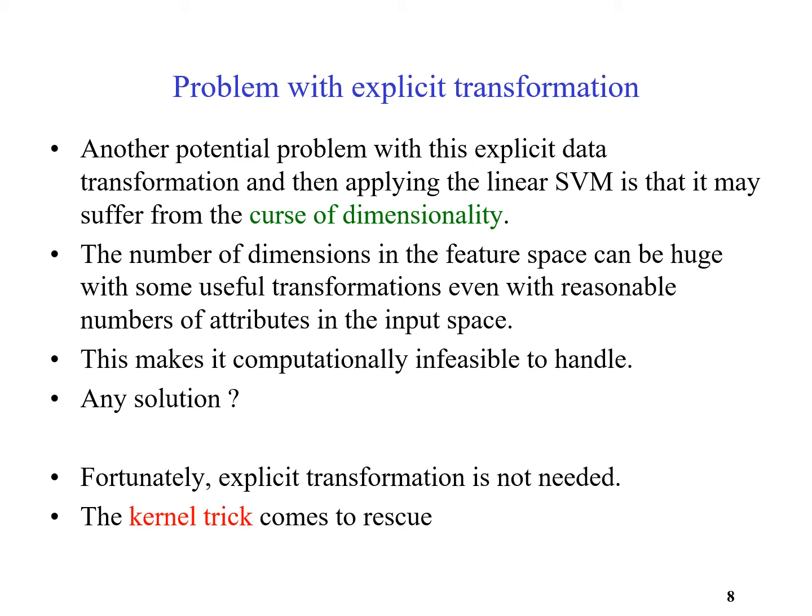In this slide, it explains another problem of expanding dimension. It is called the curse of dimensionality. If you increase the number of attributes, increase the dimension, then the number of data you need to train the algorithm grows exponentially.